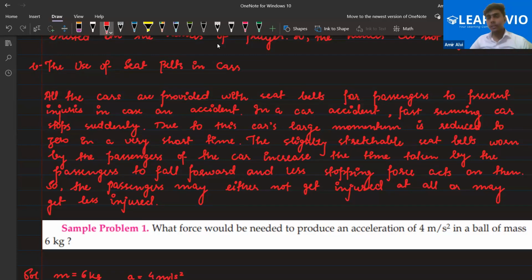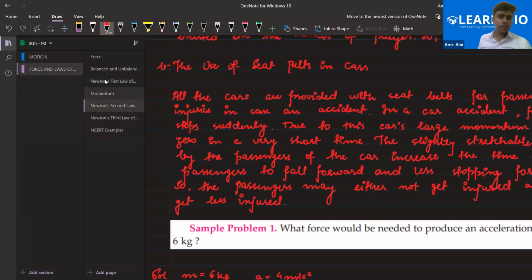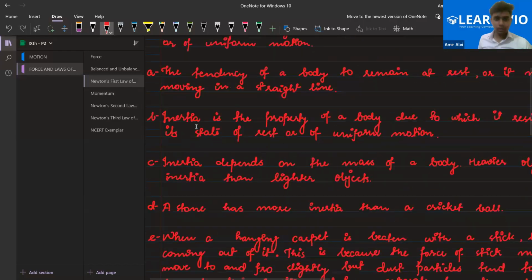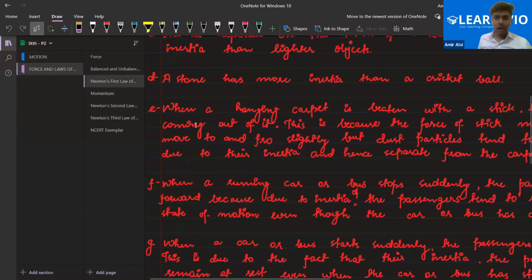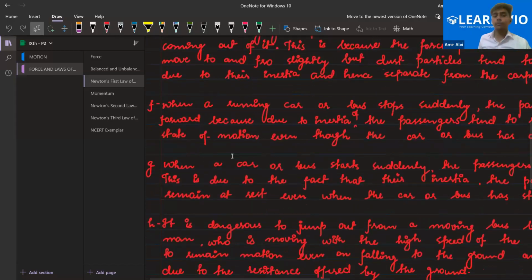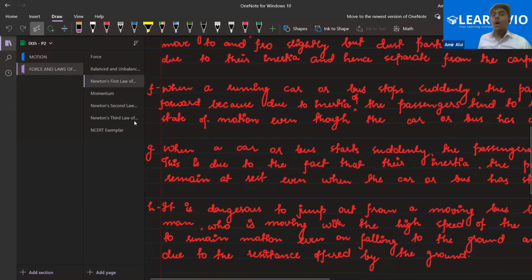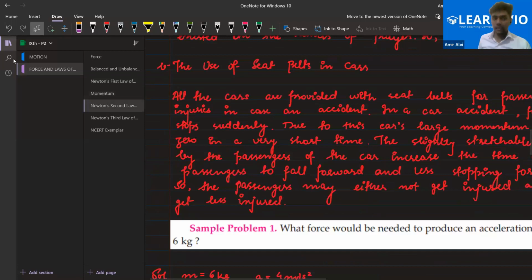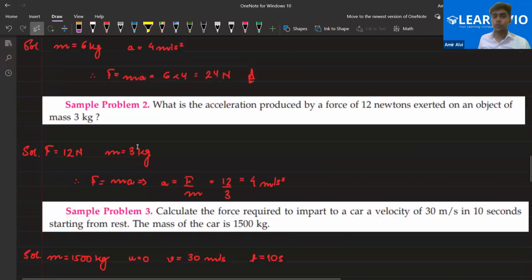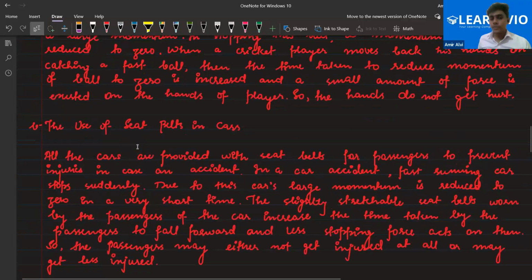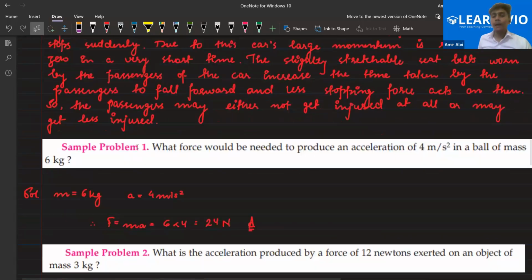Why the dust particles come out from a hanging carpet if you beat it with a stick. It's dangerous to come out from a moving bus, or what happens when a car suddenly stops or starts. These are the things in the first law of motion. In the second law of motion, the use of seat belts, catching a fast cricket ball. So these are the things, right?